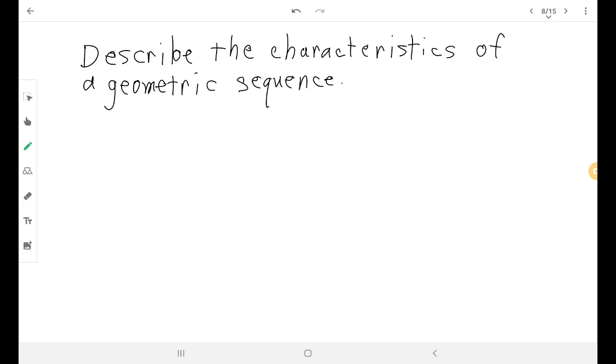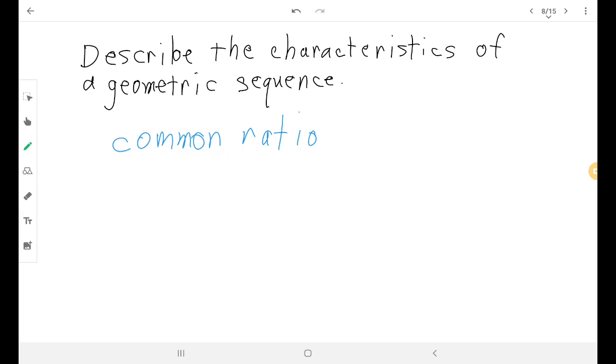So describe the characteristics of a geometric sequence. The main, most important characteristic of a geometric sequence is that it has what they call a common ratio.